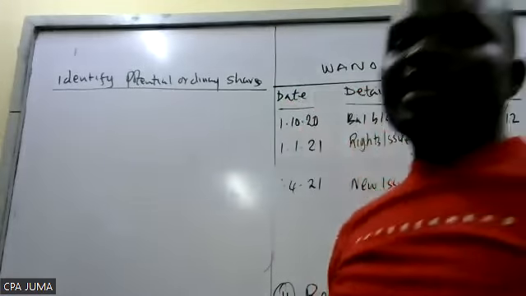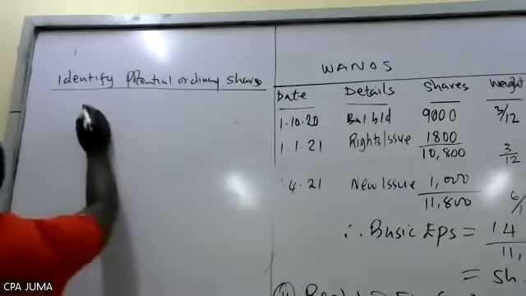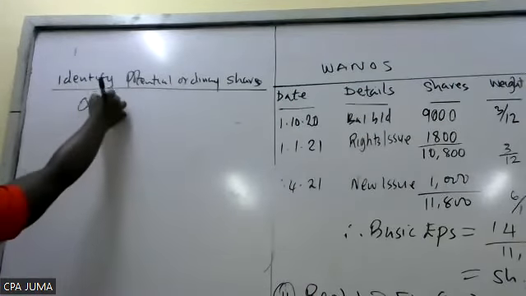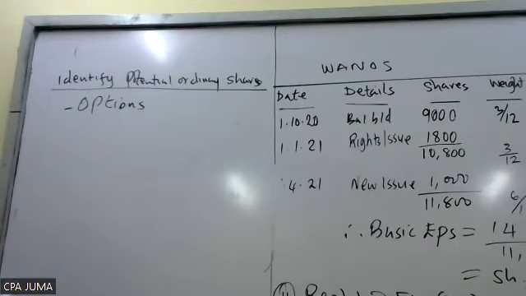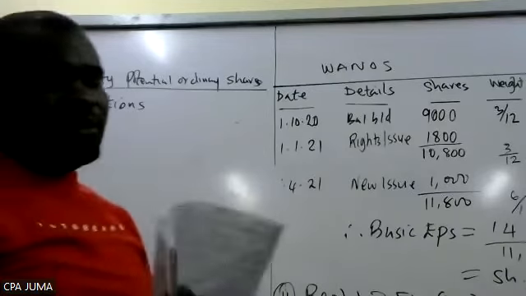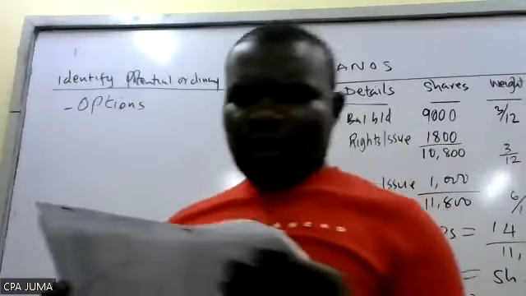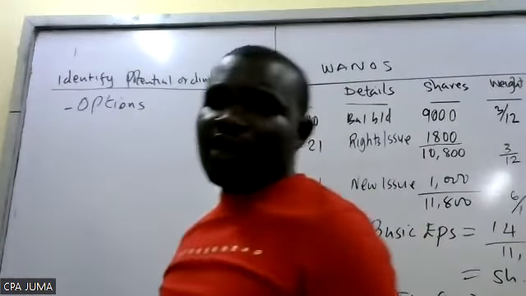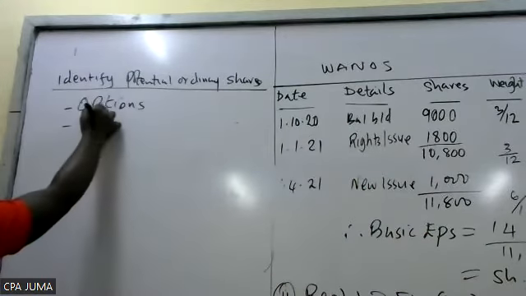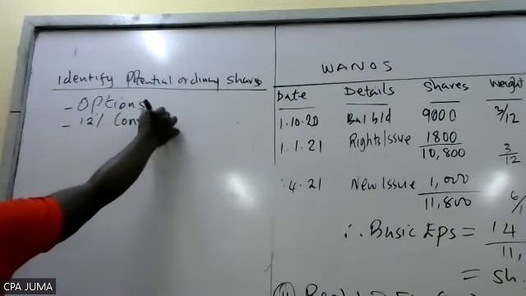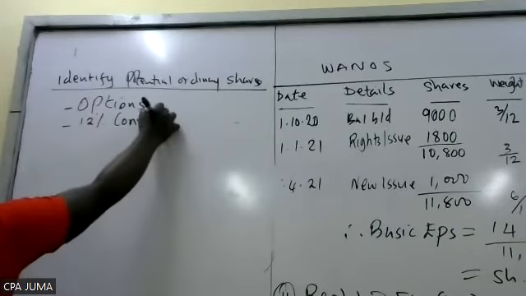Potential means they can be converted. So in paragraph 2, there were stock options. Options are very, very potential. Then in note 3, additional information number 3, there was 12% convertible bonds.